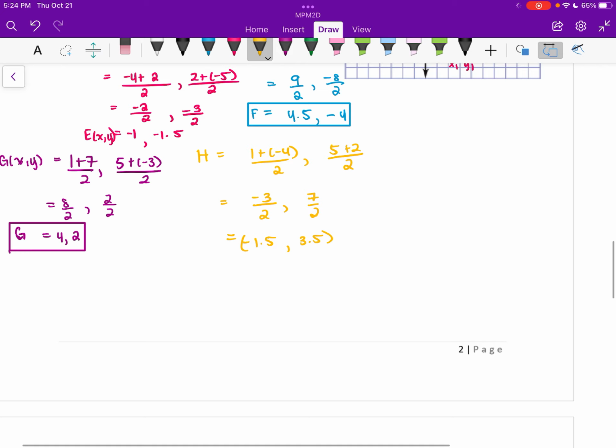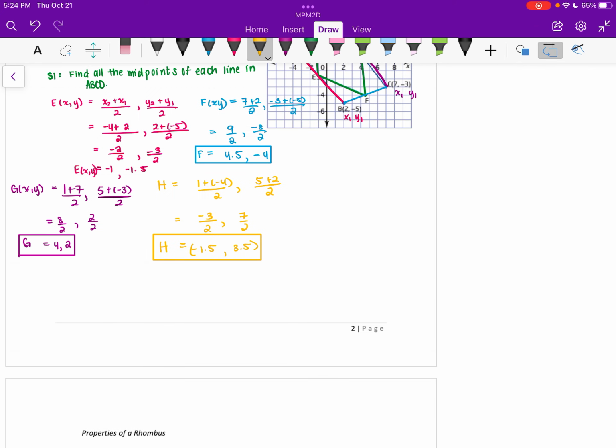So now that I found all of my midpoints, I'm going to use these midpoints to find the slope. So step 2 is going to be use midpoints, find the slope.